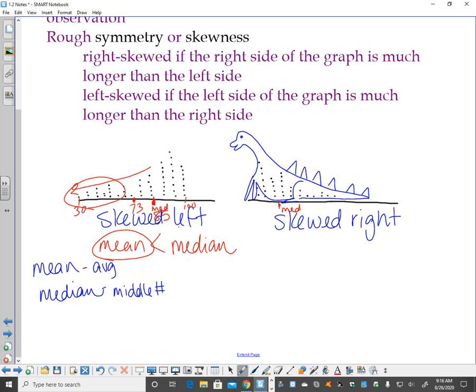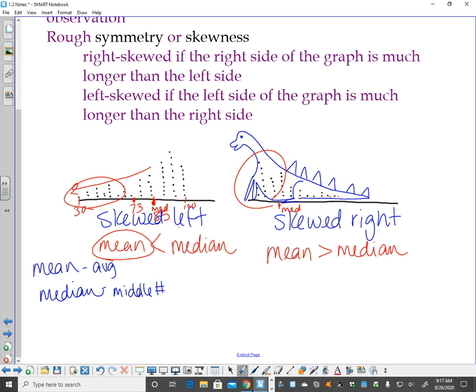And the same thing over here. If these were your grades and you had tons of D's and F's, but you had a couple A's and B's, then your mean would be greater than your median because those good grades help pull your average up. Now, how far it pulls depends on how skewed it is, how far apart the mean and the median are.